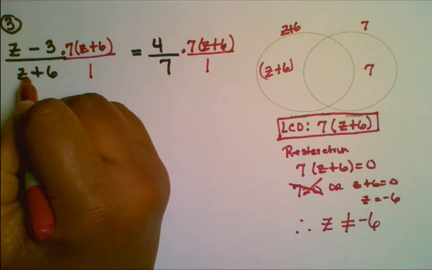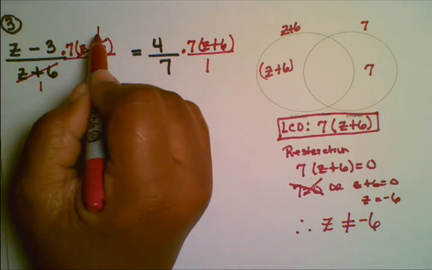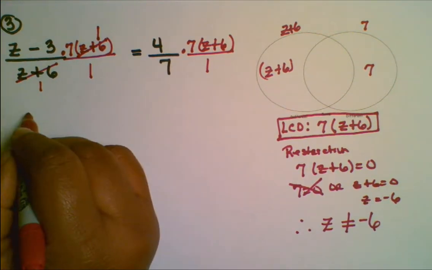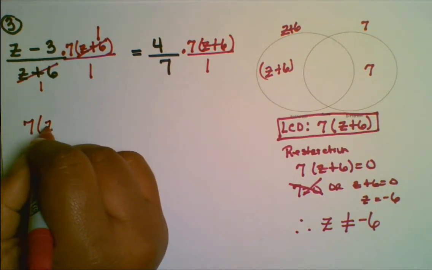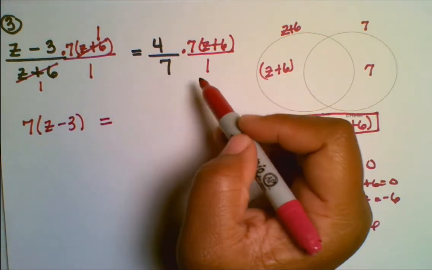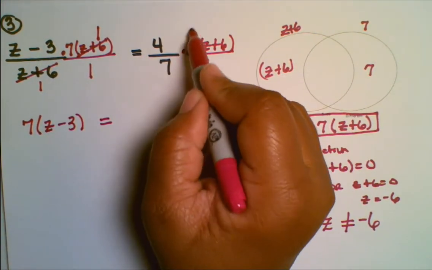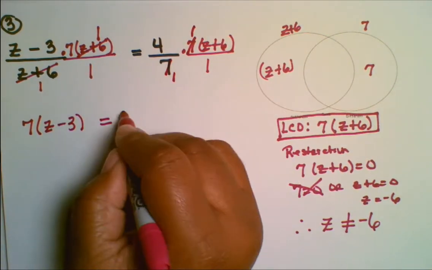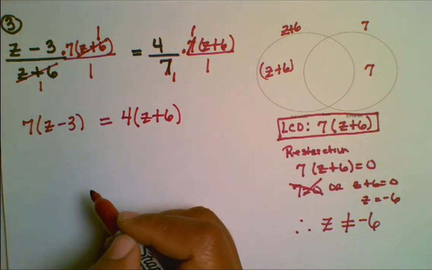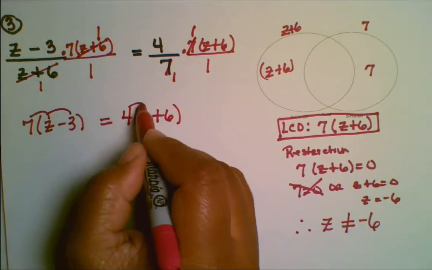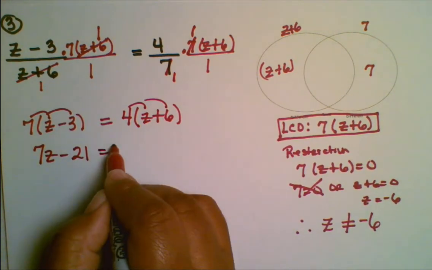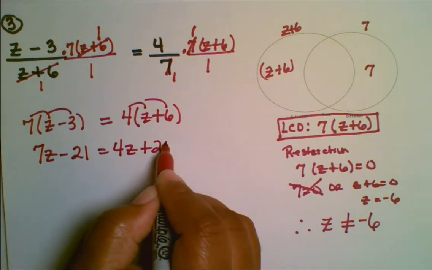On the left-hand side, the z plus 6 divides out, and we're left with 7 times (z minus 3) equals 2. Look at the right-hand side. The 7's divide out, and we have 4 times (z plus 6). Distribute. We have 7z minus 21 is equal to 4z plus 24.